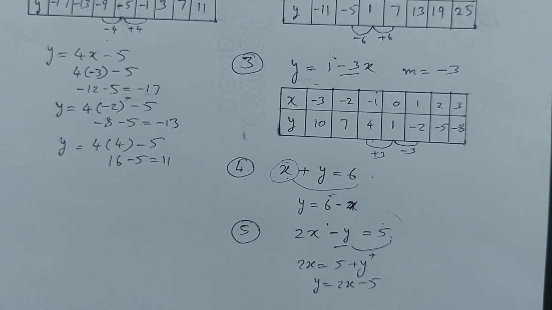Gradient is steepness. The sequence should be in equal order. So the linear equation, the linear graph will have a proper steepness, the gradient will be proper for that. So hope you guys understood, hope you like it.